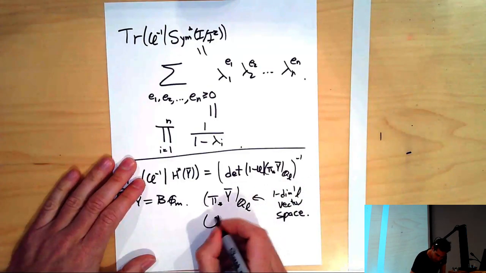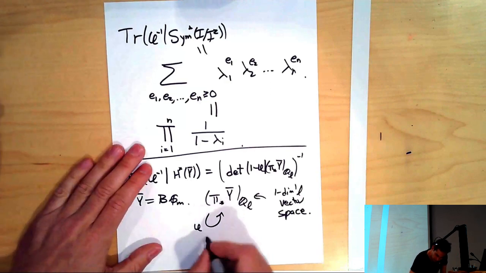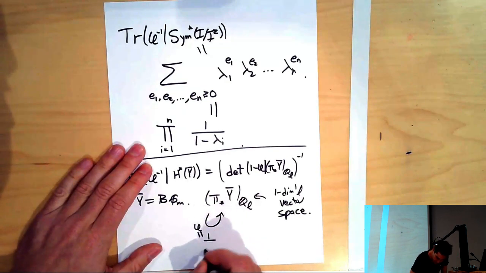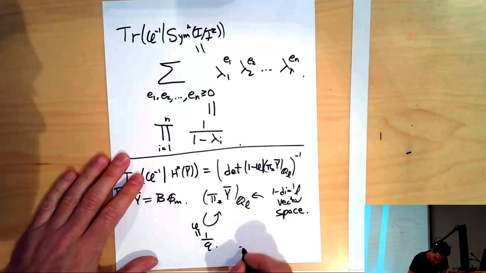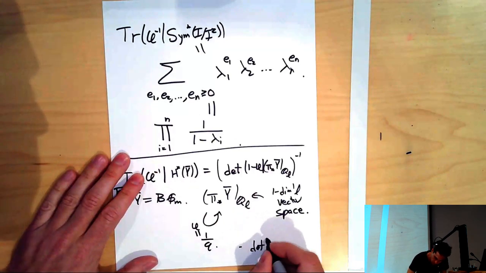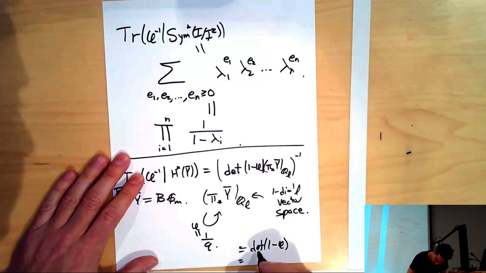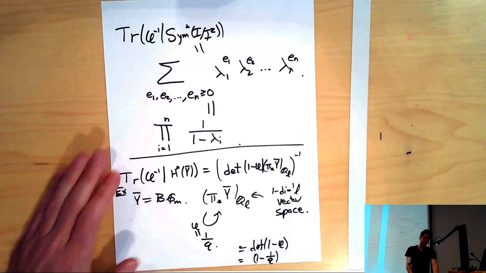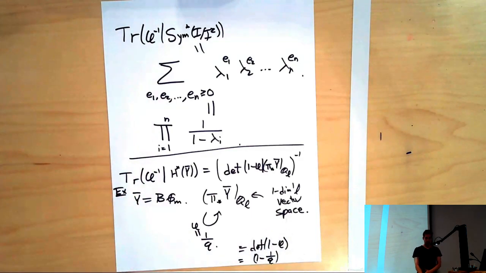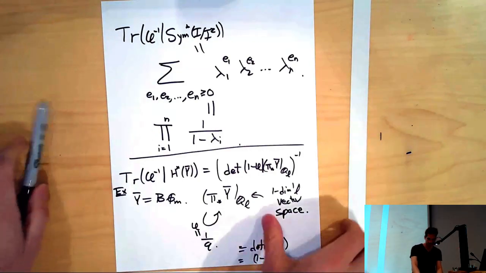And how does the Frobenius act on this one-dimensional vector space? Well, it acts by the dual of the way that it acts on cohomology. So Frobenius actually acts by multiplication by 1 over q. And so this determinant of 1 minus the Frobenius is actually just 1 minus 1 over q. And when you take the inverse of that, you get q divided by q minus 1, which is the same thing that we got earlier.